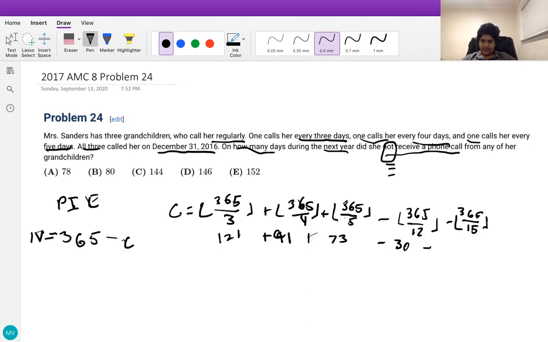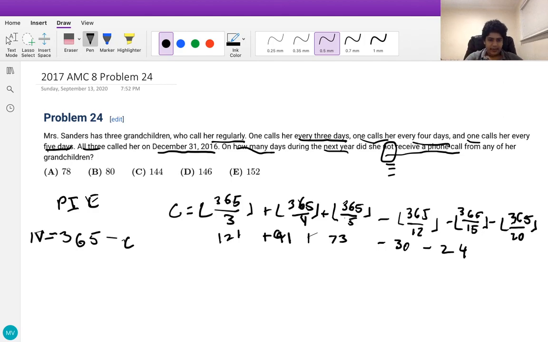And then finally we subtract the last pair, which is 4 and 5. That's the floor of 365 divided by 4 times 5, which is 20, which is just going to be equal to 18.